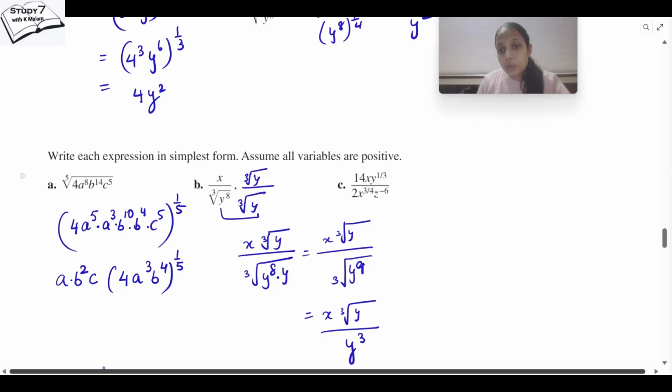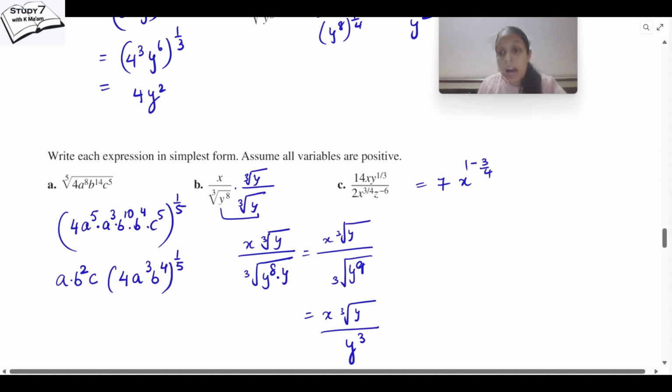We can try the next one. We just have to make the power positive. So try to bring everything to the numerator. 7 is already there. x^1 is already there, and the denominator power is 3/4. When the denominator power comes to the numerator, the power becomes negative. So 1 minus 3/4.